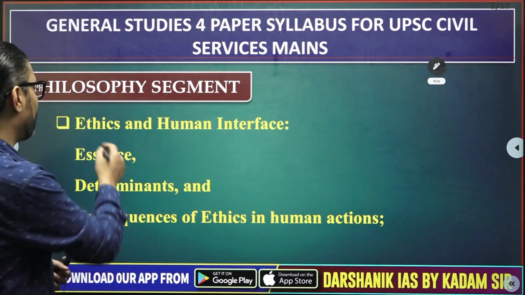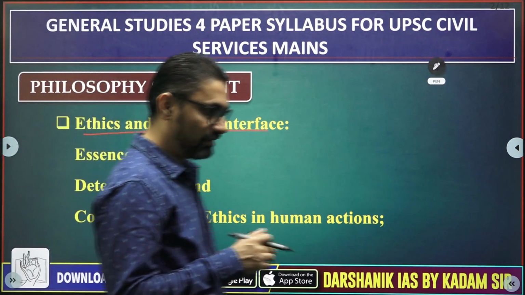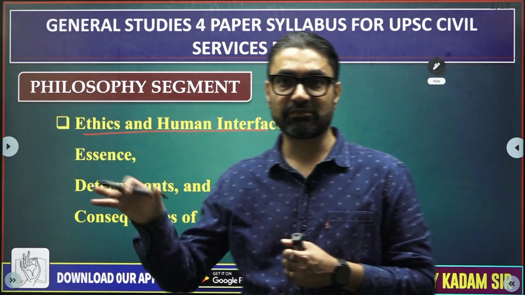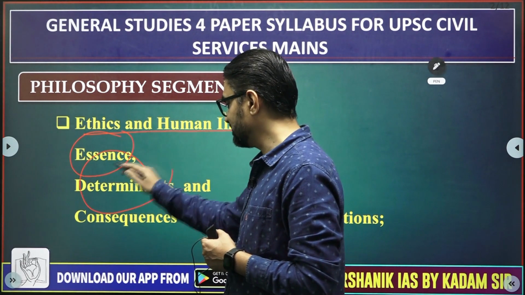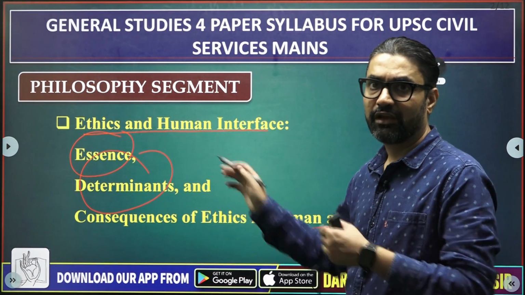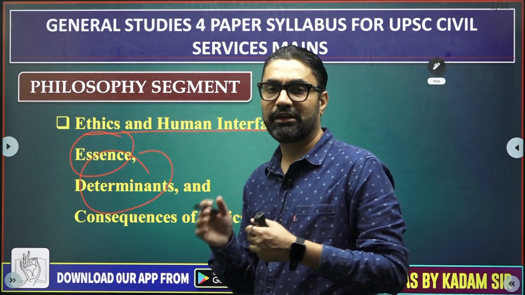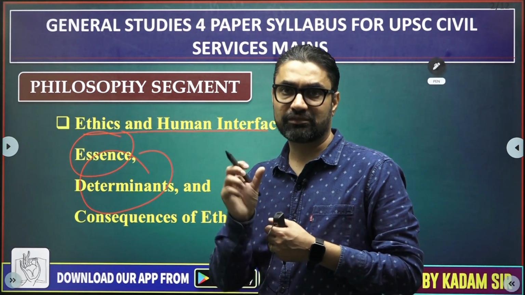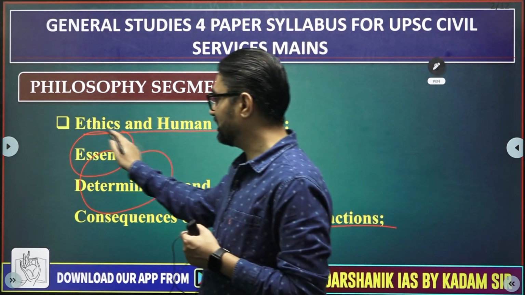One topic is ethics and human interface, and under that topic there are some subtopics: essence of ethics, determinants of ethics, and consequences of ethics in human actions. So these three topics are there. Today I will be discussing one small module of this topic, that is essence of ethics.